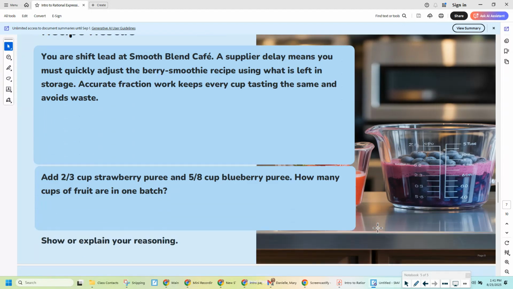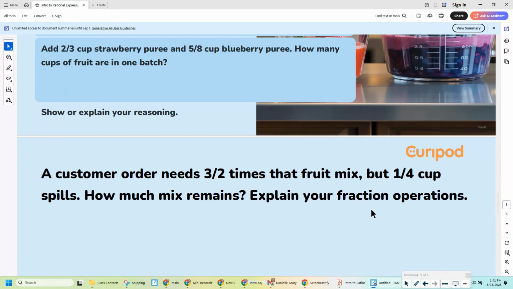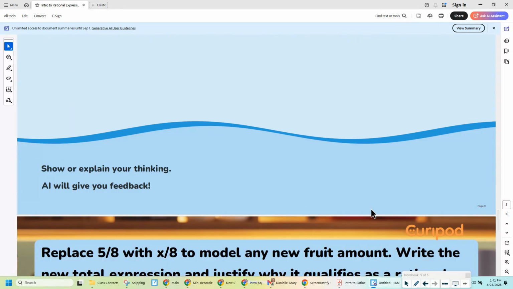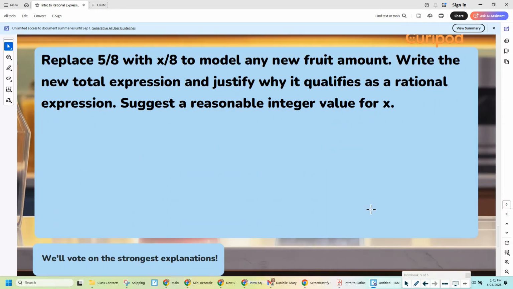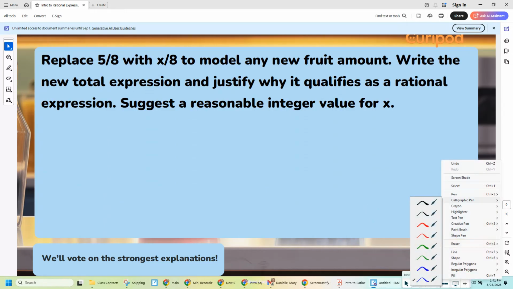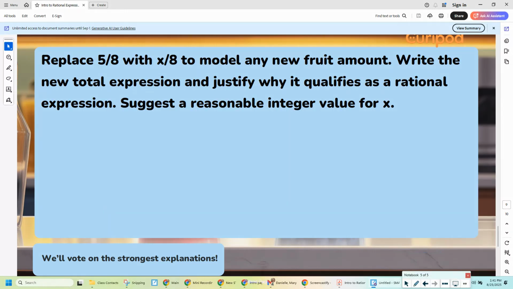All right, let's move on here and talk about changing the numbers to variables. What happens when we replace a number with a variable? We turn it into an algebraic expression.